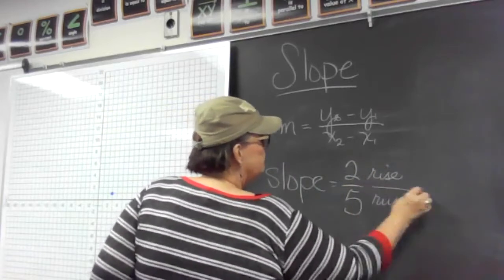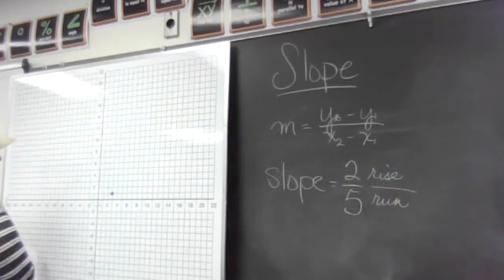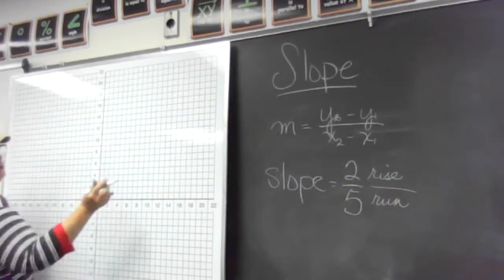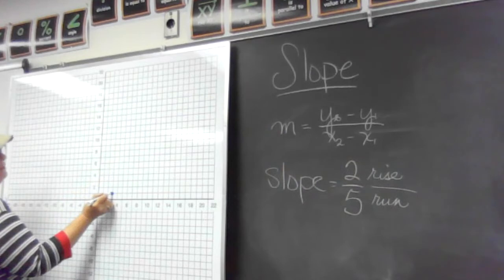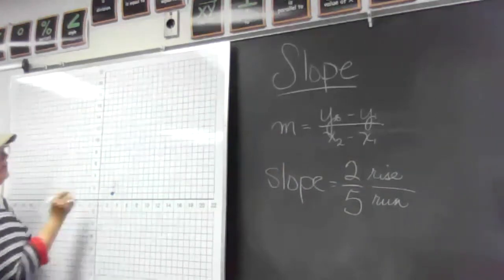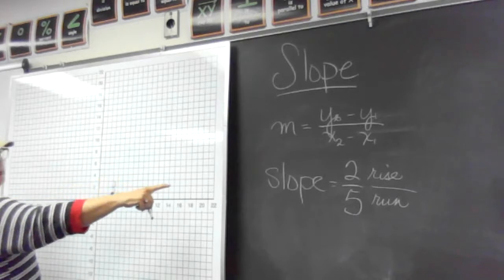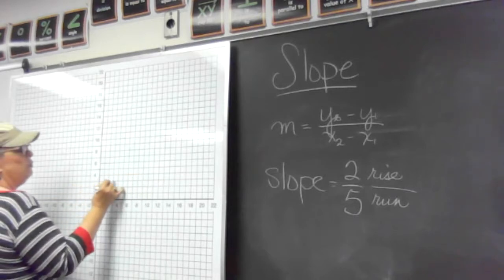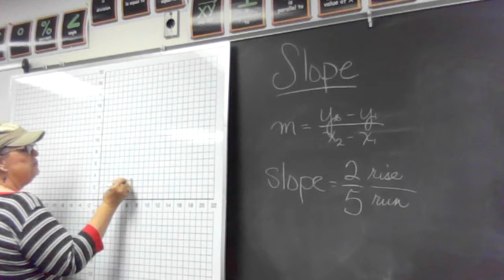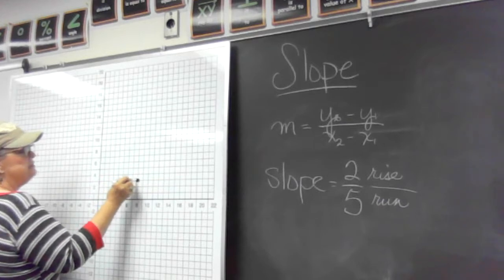So let's walk out the front door. I'm going to walk out the front door and I have to rise first to get to her house. So it says to rise 2, that means a positive direction, 1, 2, and then I'm going to run in a positive direction again. 1, 2, 3, 4, 5, and that's where she is.